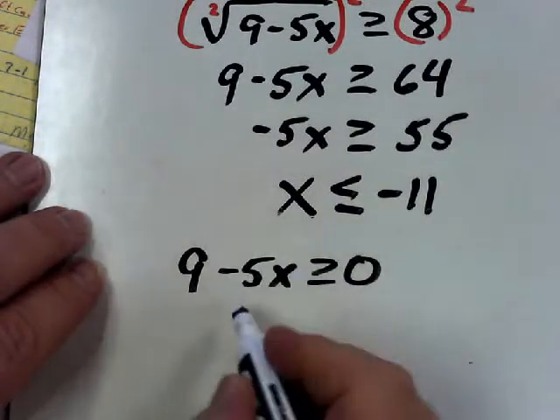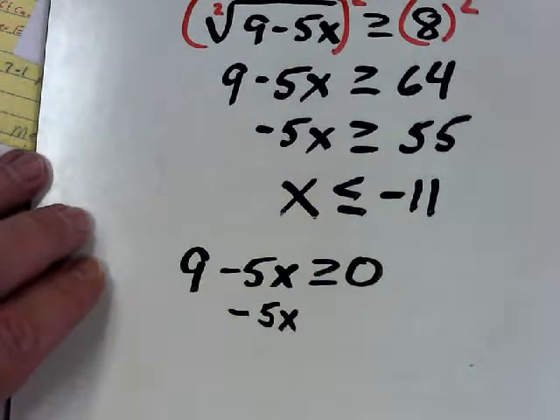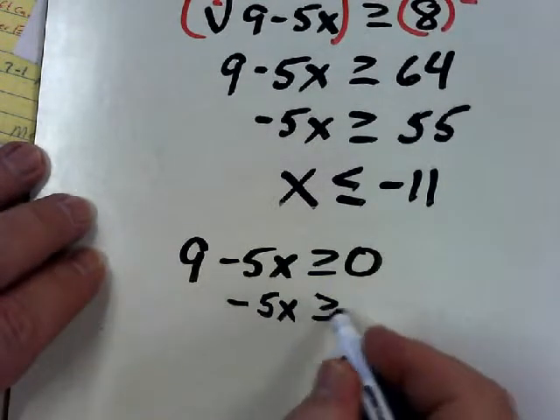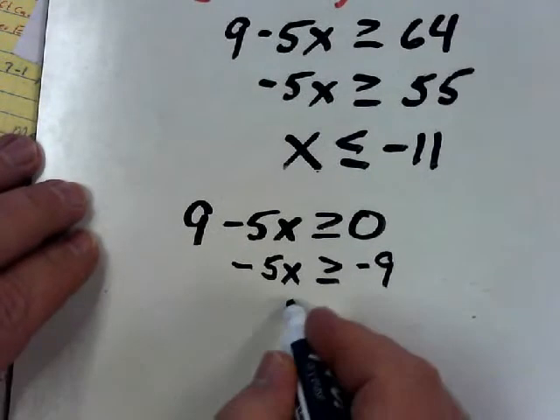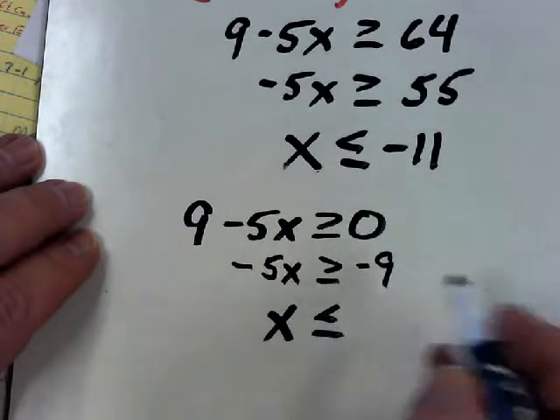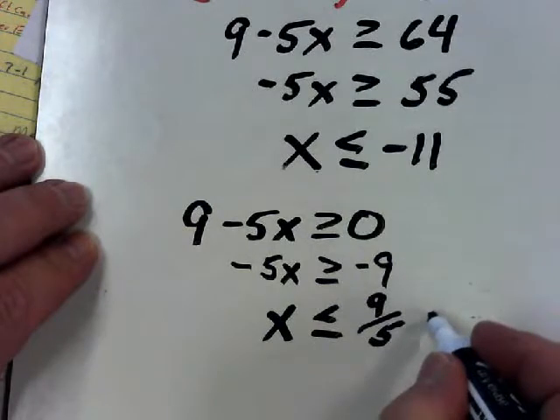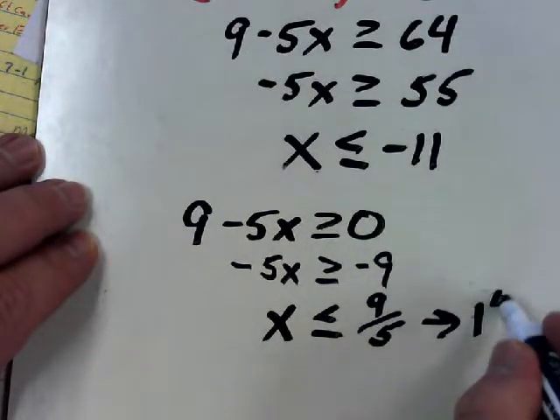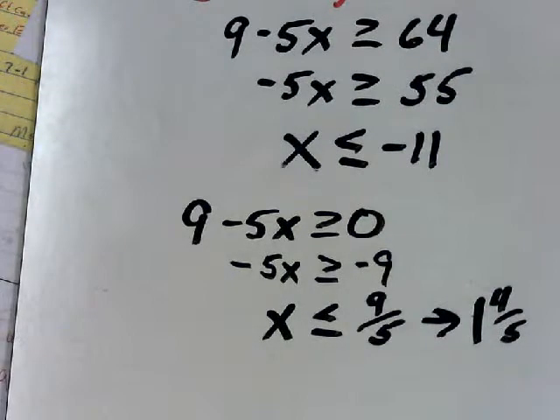So I have -5x is greater than or equal to -9. So x has to be less than or equal to 9/5, which is the same as 1 4/5, isn't it? Right?